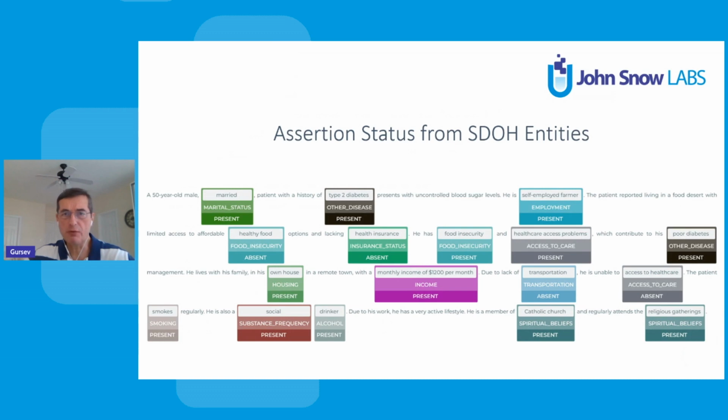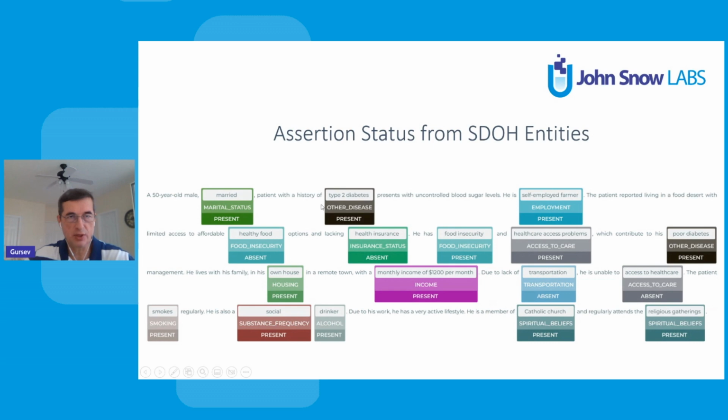So this visualizer will give you a perfect idea. It's similar to the NER visualizer, but this one is the assertion visualizer. So what you see here is, let's say, type 2 diabetes right here. First the NER model extracted type 2 diabetes, labeled as other disease. So the NER model worked just fine.